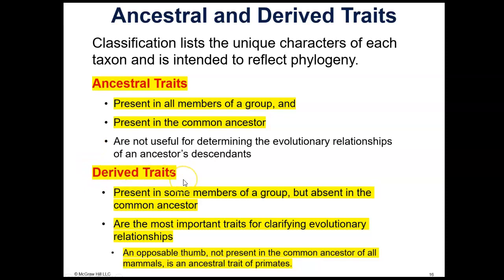But derived traits are present in some members of the group, but not the common ancestor. These are the most important traits for clarifying the relationships. An opposable thumb, not present in the common ancestor of all animals, is a derived trait of primates.